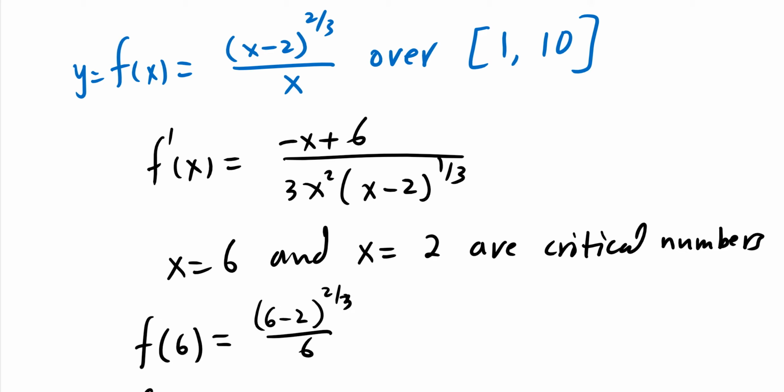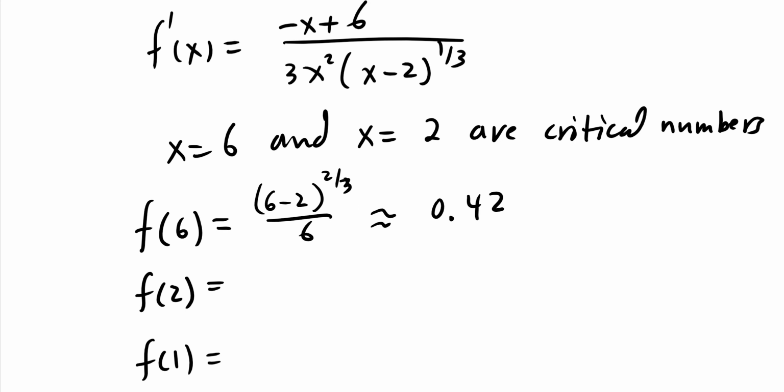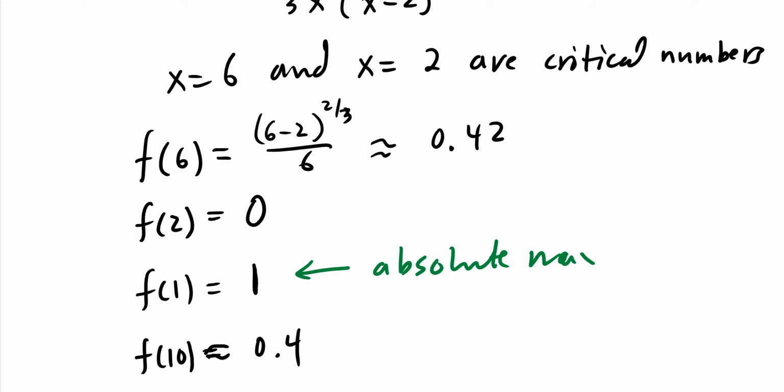And if you put that in the calculator, that would give about 0.42. f of 2 the same way, and I got 0. f of 1, I got 1. f of 10, I got about 0.4. So which value is the highest? This is the highest value. So there's an absolute max at this point, and there's an absolute min at this point.